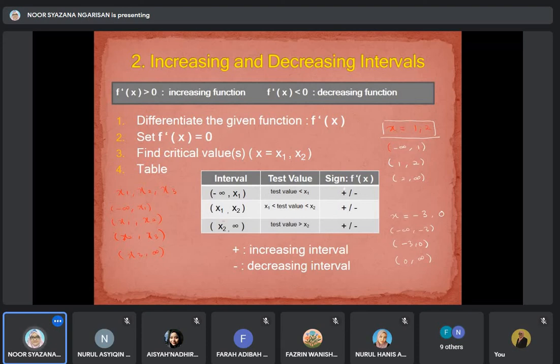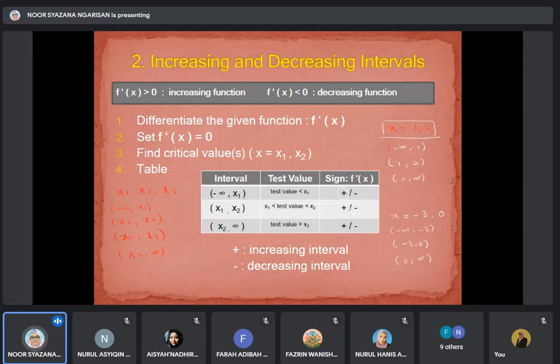Katakanlah awak dapat positif. Okey, untuk yang pertama ni awak dapat jawapan positif, maksudnya this interval is increasing interval. If let's say you substitute the second test value, you get negative, meaning that this interval is decreasing interval.